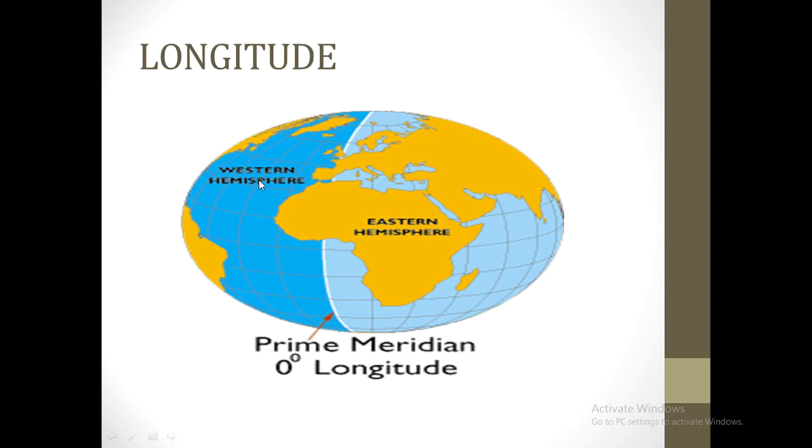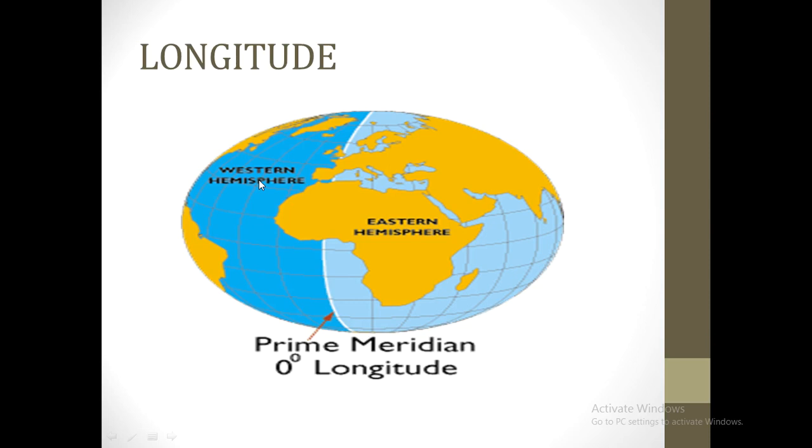One is 0 degree longitude, or Greenwich longitude, or prime meridian. Another one is 180 degree longitude, which is known as the anti-meridian because it is directly opposite to 0 degree longitude.